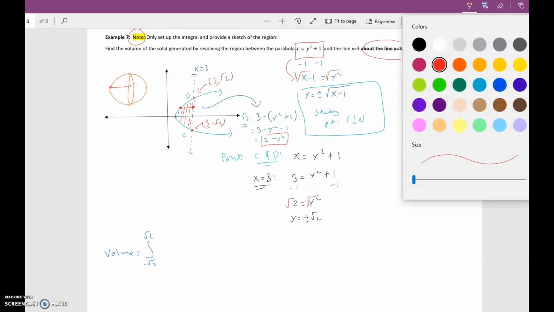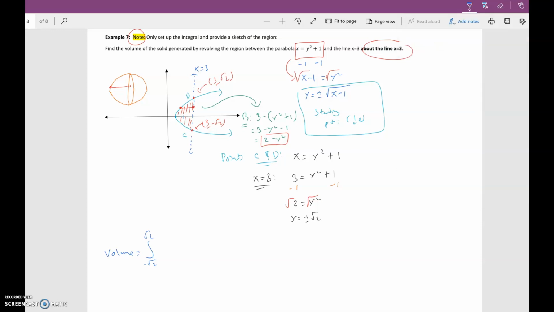So the actual volume is going to be from negative square root of 2 to square root of 2, and then you have pi times 2 minus y squared dy. Or let me just rewrite it as pi times the integral from negative square root of 2 to the square root of 2 of 2 minus y squared dy. And that would be your actual answer, with units to the third power.